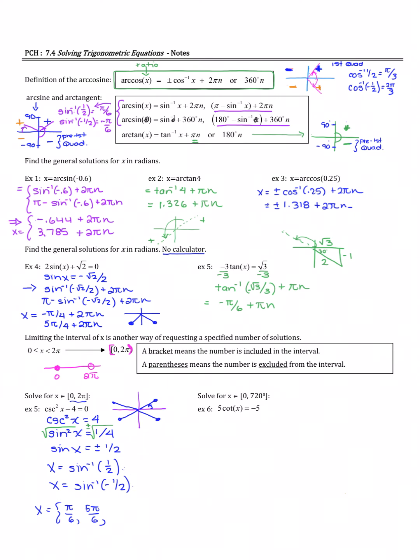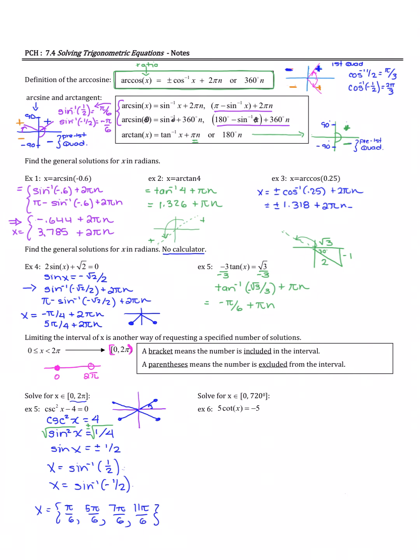For the negative, it's going to happen at 7 pi over 6 and 11 pi over 6. That's the very last one. Those would be my 4 values.